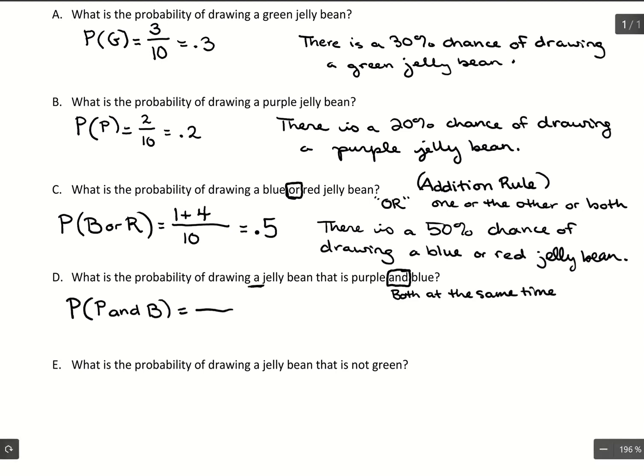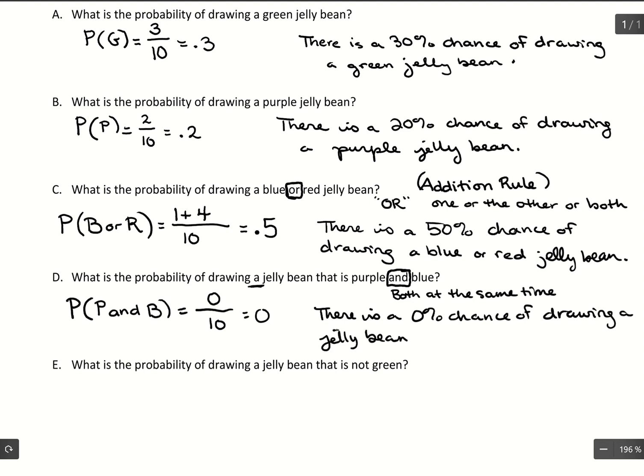So with that, our numerator would be 0 out of 10. So there is a 0% chance of drawing a jelly bean that is purple and blue. So basically that scenario there is impossible.